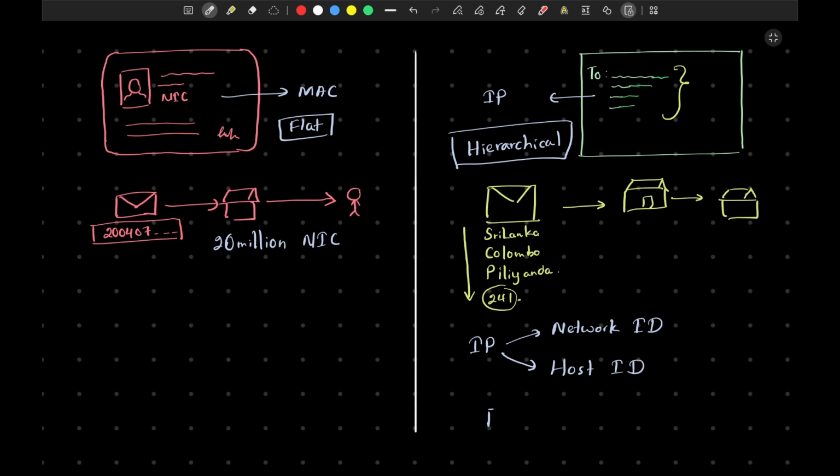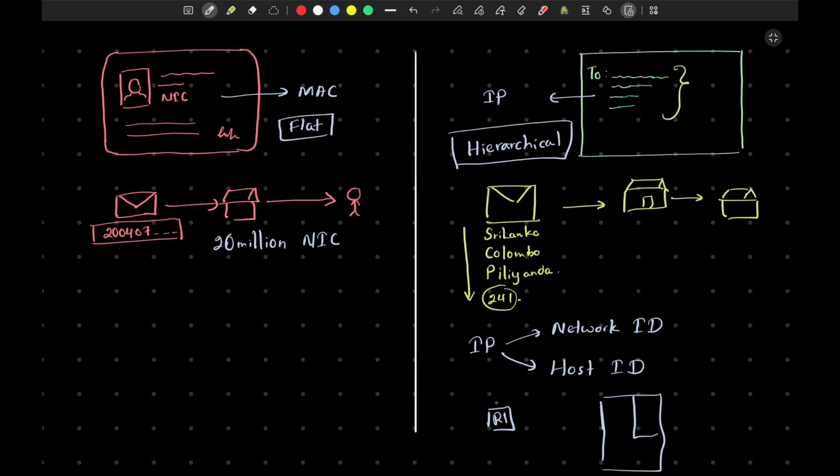we have a router. This router is outside of the network in the global network, and we have a local network here, and we have a sub network here.